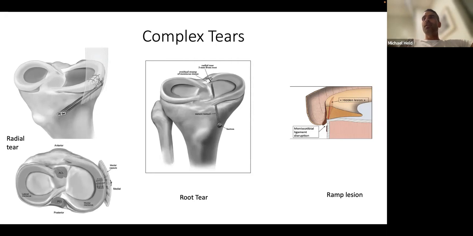So you have to really see the posterior part of the medial compartment by pushing the scope into the posteromedial compartment, and also by opening up or pie-crusting the MCL to see underneath the meniscus and be able to see that ramp lesion. So that's a ramp lesion.